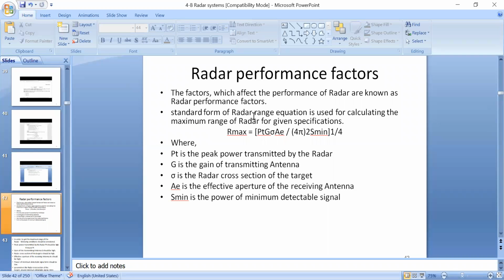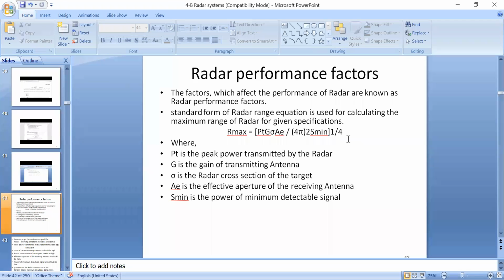It is given as R maximum is equal to PT G sigma AE by 4 pi square S minimum whole power 1 by 4. This is the standard form. By substituting the formula for gain, that is one modified form, and another modified form is obtained by substituting the formula for effective aperture. Those are the modified forms of radar range equation.